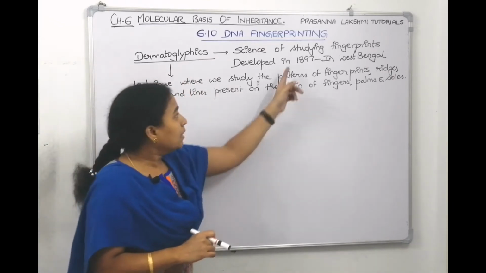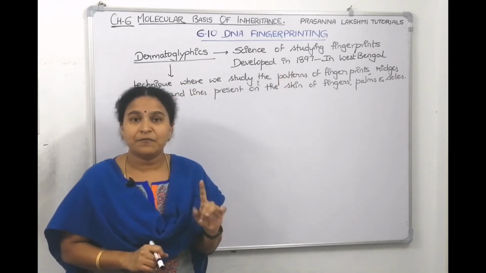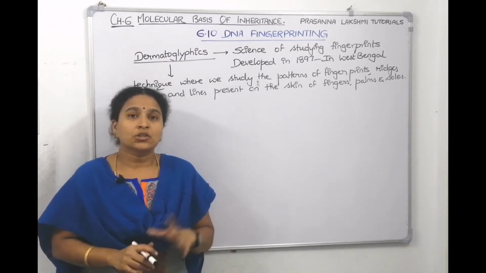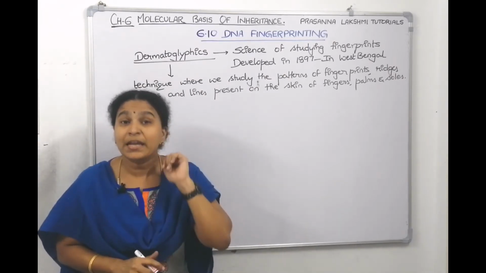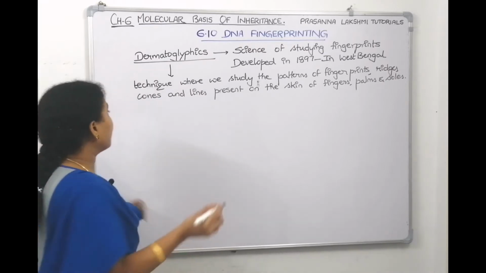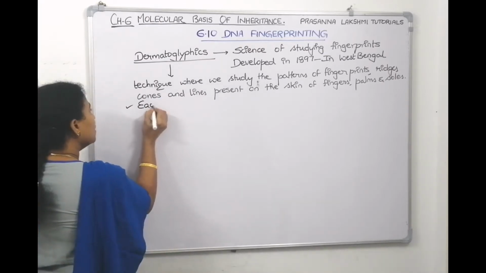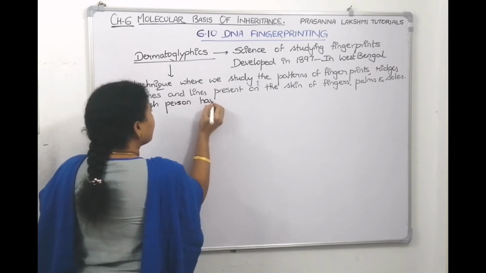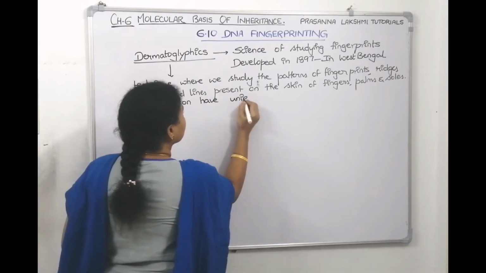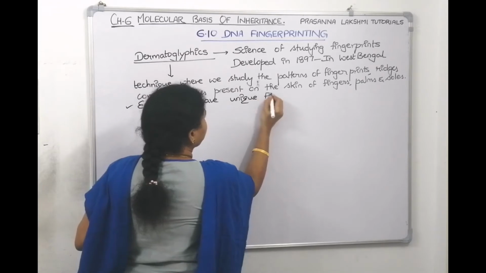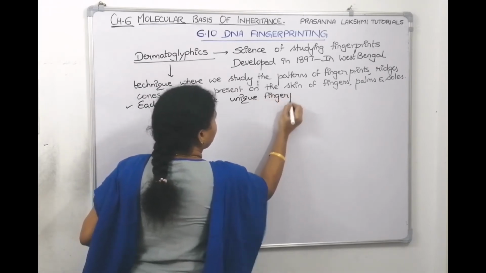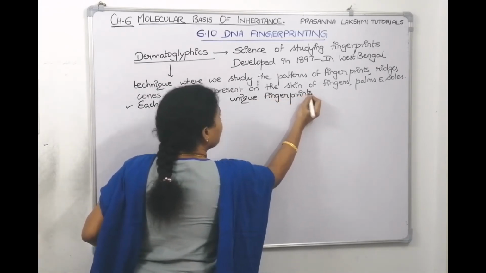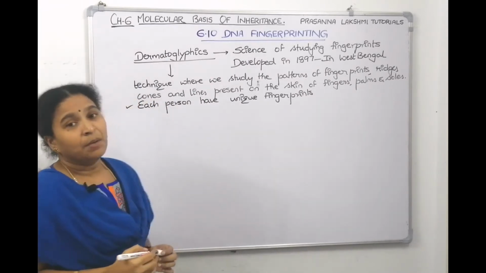So it was developed in 1897 in West Bengal for criminal investigation. Each person has unique fingerprints, which helps us identify that particular person.